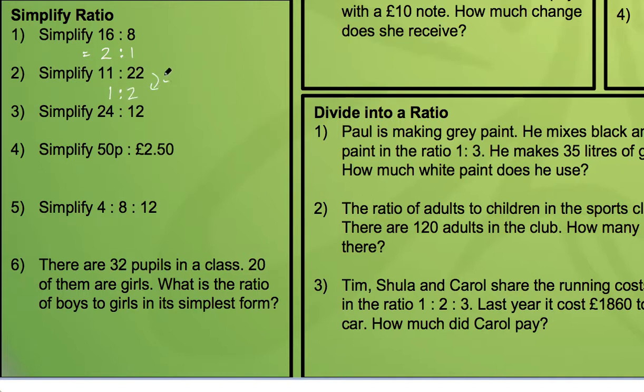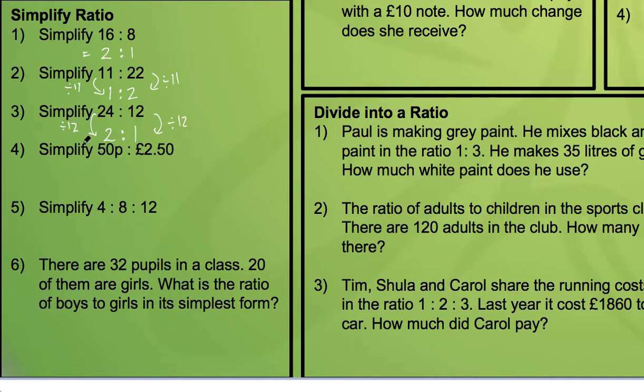You can write them in like that, divide by 11, divide by 11, so that you're doing the same thing to both parts of the ratio. 24 to 12, again, highest common factor of those is 12. It isn't always the number in the ratio, but in this case it seems to be 2:1.